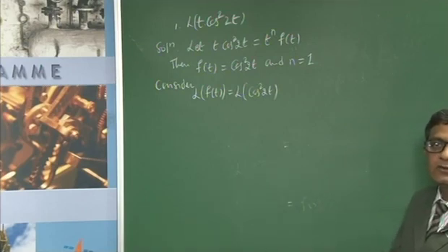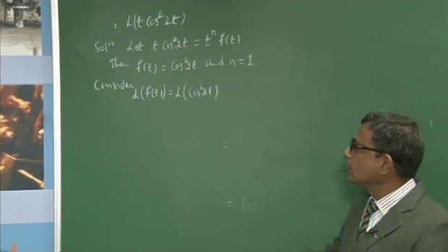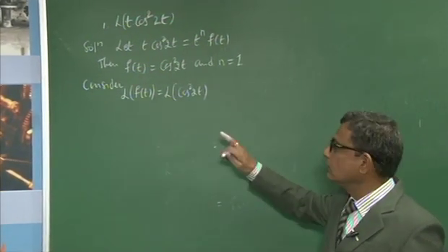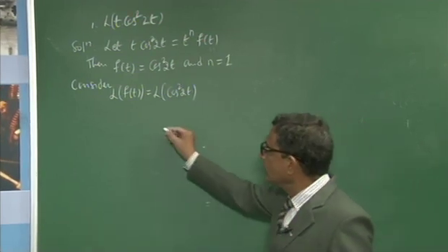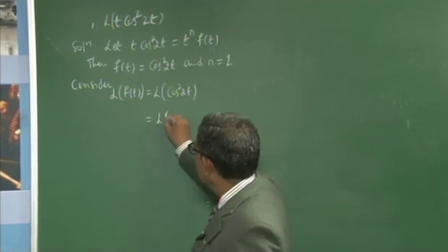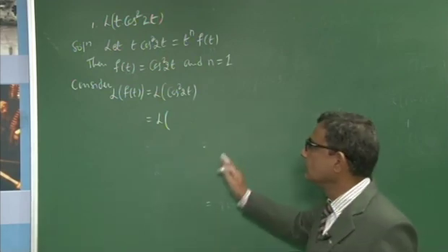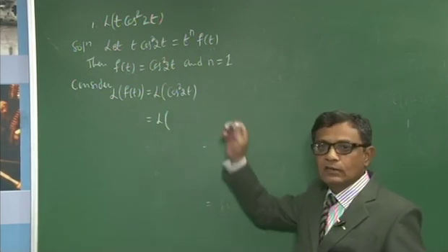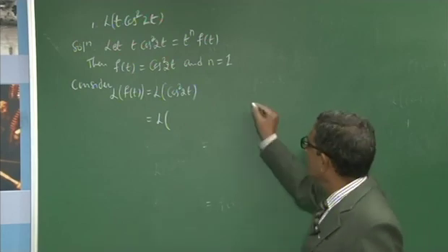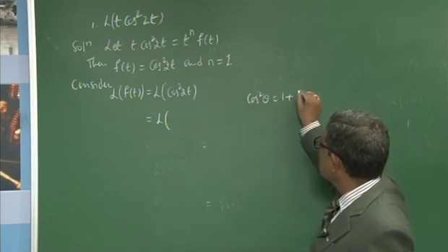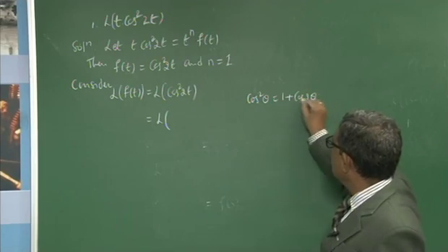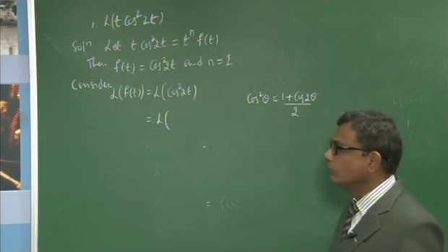You have to reduce it into the standard form. How are you reducing into the standard form? As I told, the cos square theta formula. What is the formula? Cos square theta is 1 plus cos 2 theta by 2.